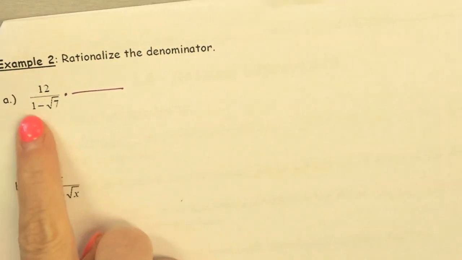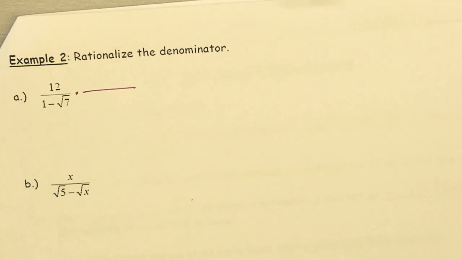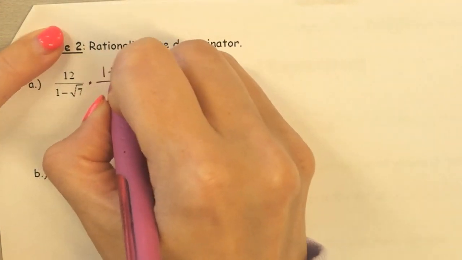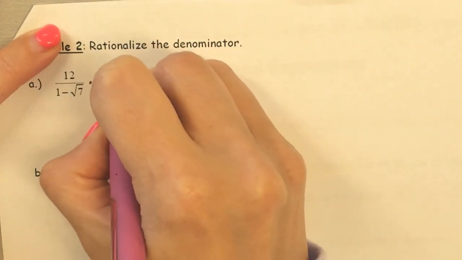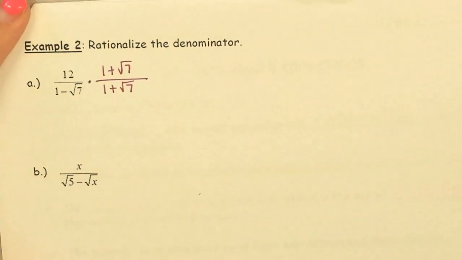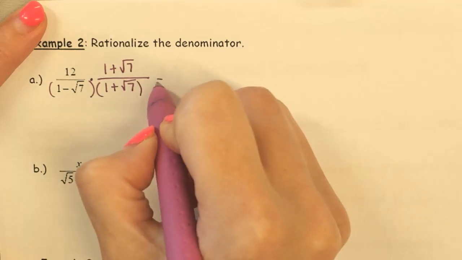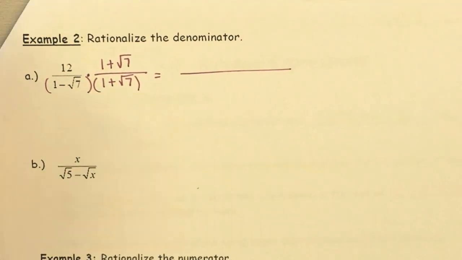Okay, so if it's 1 minus root 7, Brooke, what are we going to multiply by for this? 1 plus root 7. Yep, over itself. And so in the denominator, you're going to FOIL. Okay, so why don't we work on FOILing the denominator there?